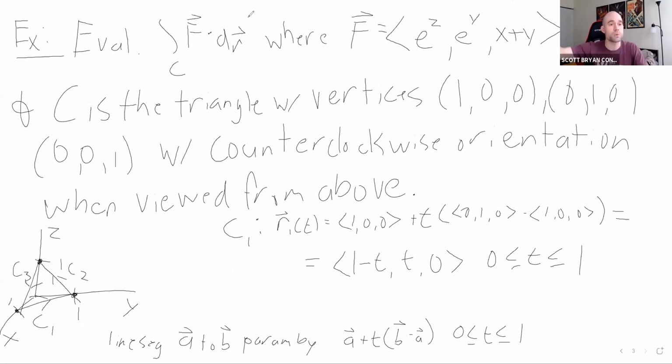So it's 1 minus 1 times t, so 1 minus t. For the second coordinate, y, we start at 0 and end at 1, so 0 plus 1 times t, which is just t. And for the third component, z, we start at 0 and end at 0, so that's 0 plus 0 times t, which is 0.